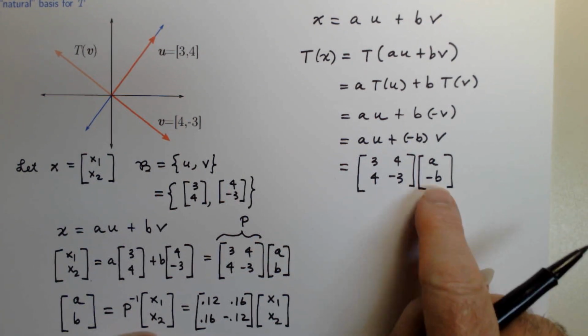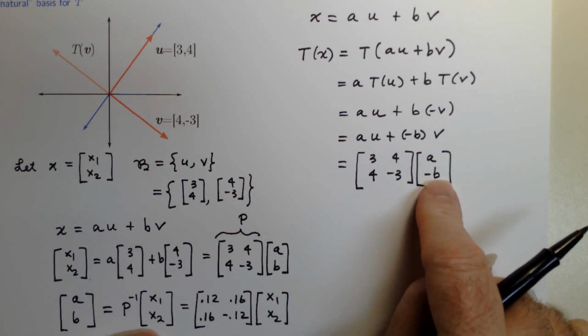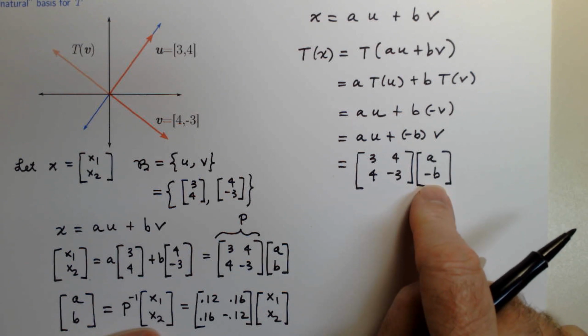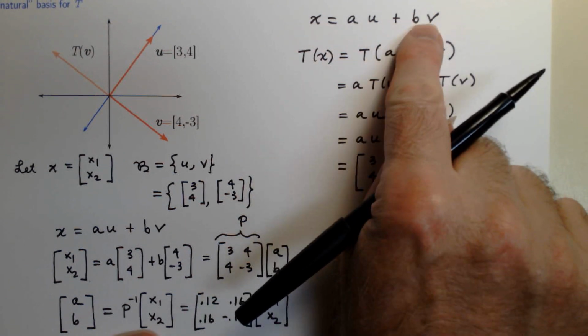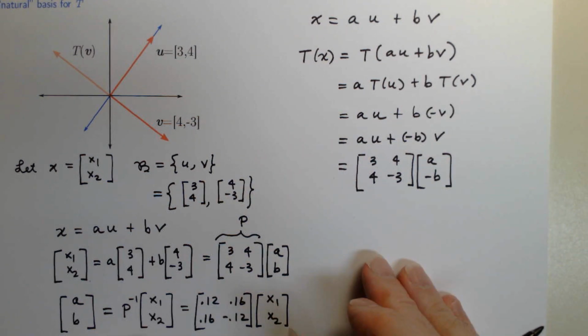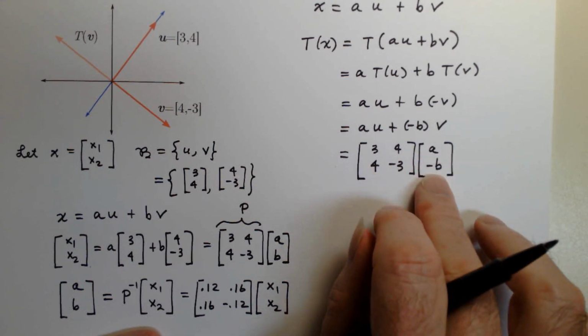Okay, now I'm going to do one more thing. I'm going to think of this vector a, negative b as the result of taking the vector with coordinates a and b and multiplying it by a very simple matrix. So let's rewrite just this part, a negative b.